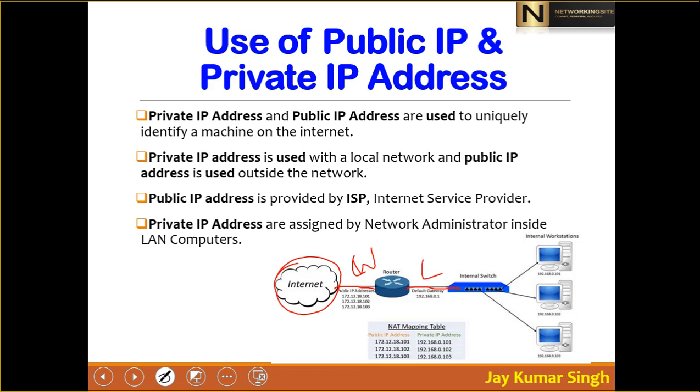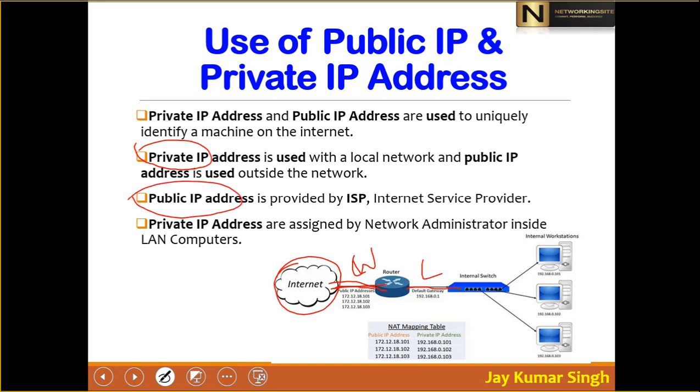Inside the LAN you will be using private IP addresses, and on the interface which is connecting to the ISP, whether it is wireless or wired, you have to use a public IP address.